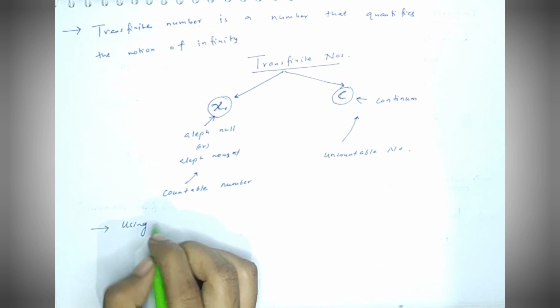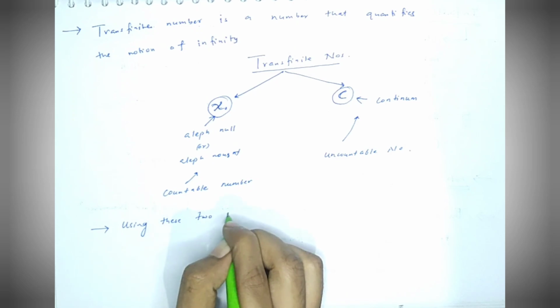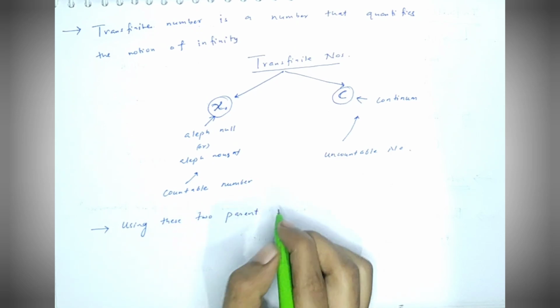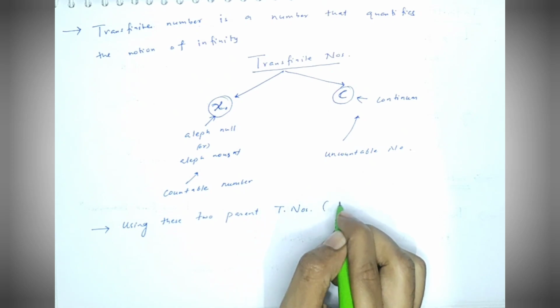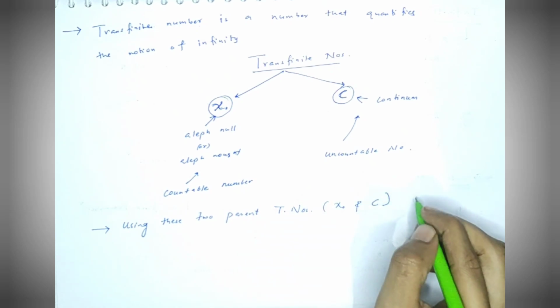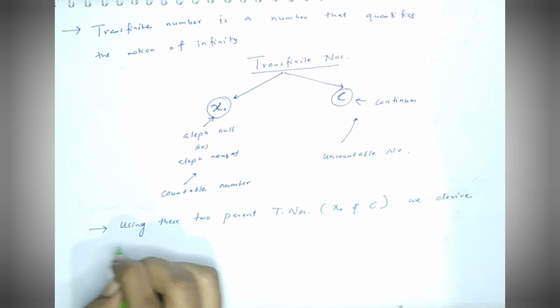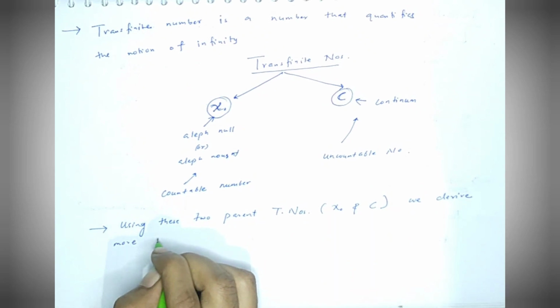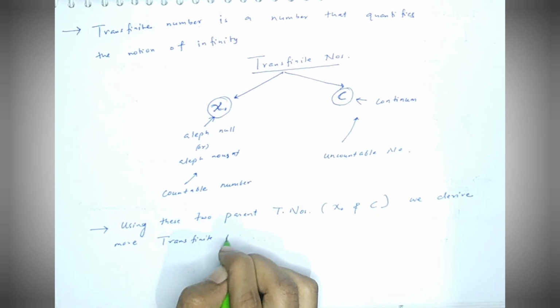Using these two parent transfinite numbers, that is Aleph null and continuum, we derive more transfinite numbers.